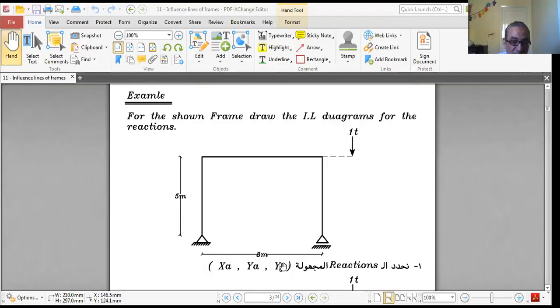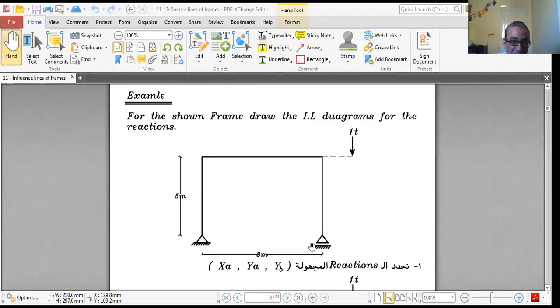We're going to start with some examples. So I'm going to share the screen to show you the first example for influence lines for frames. For the shown frame, draw the influence line diagrams for the reactions. So we have the frame with two equal columns, 5 meters each, and a horizontal span of 8 meters.